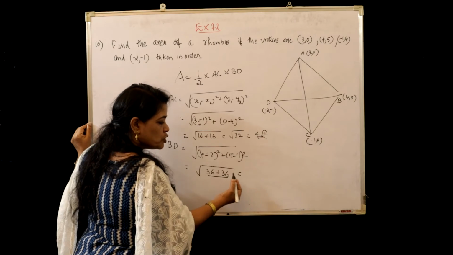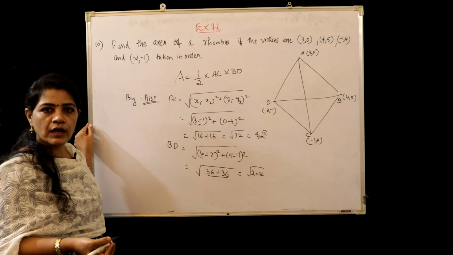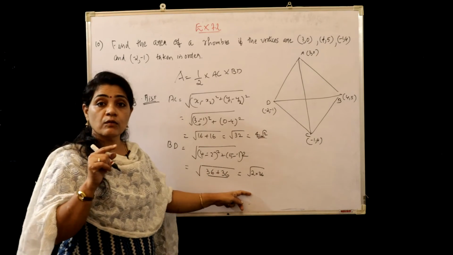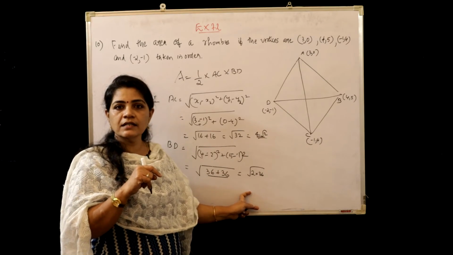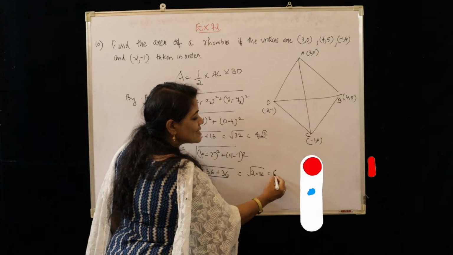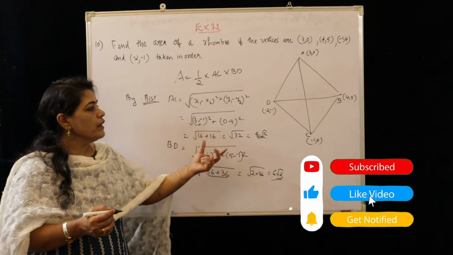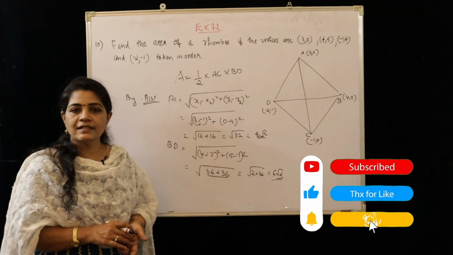Can you write this as 2 times 36, that is 72. Because 36 is a square number, from 36, 6 can be taken outside, so 6 root 2. So we now have the lengths of the two diagonals AC and BD.